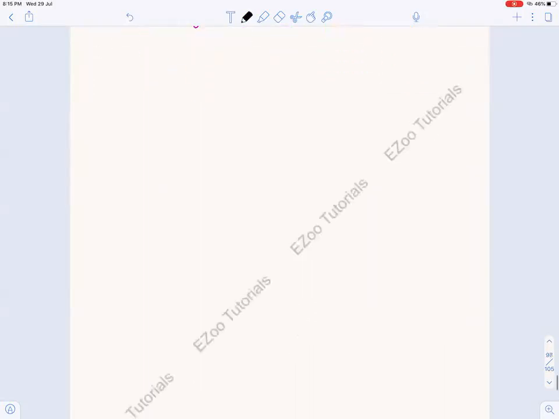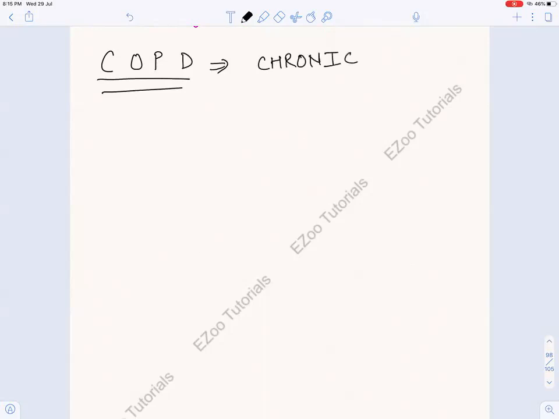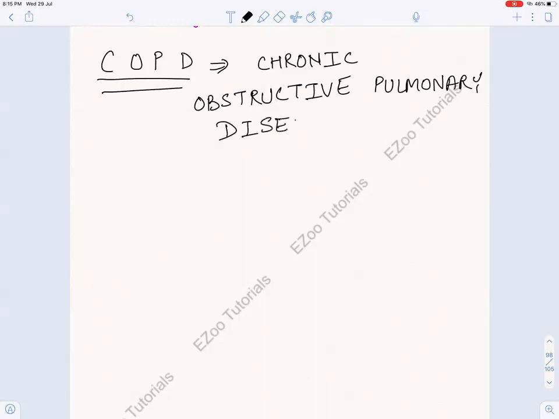And now let us see about COPD. The full form is chronic obstructive pulmonary disease.